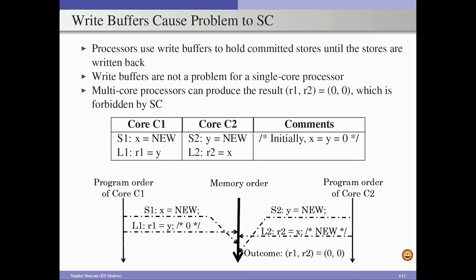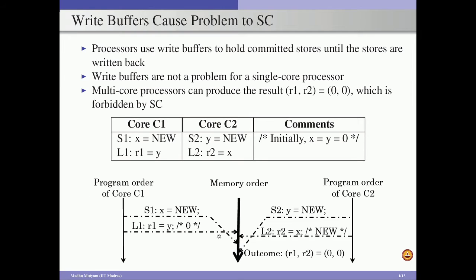So now, in order to utilize write buffers in our processor, we have to see what we have to relax in our sequential consistency model requirements, so that we can come up with a new memory consistency model.